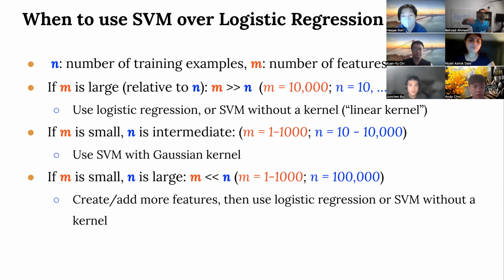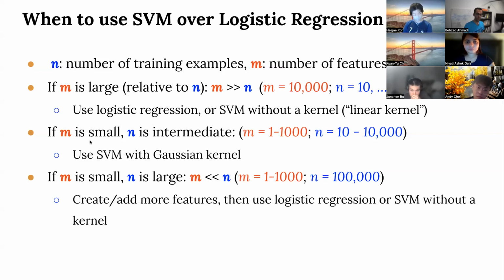If you have too many features, to the extent that they are even larger than the number of samples, you don't get to these cases a lot, but let's say you do. Then you can use logistic regression or SVM without a kernel, which is linear.